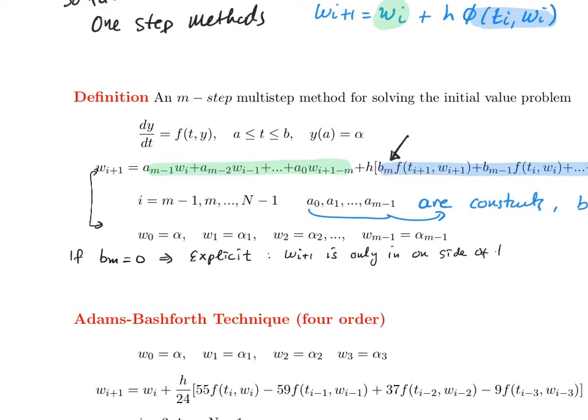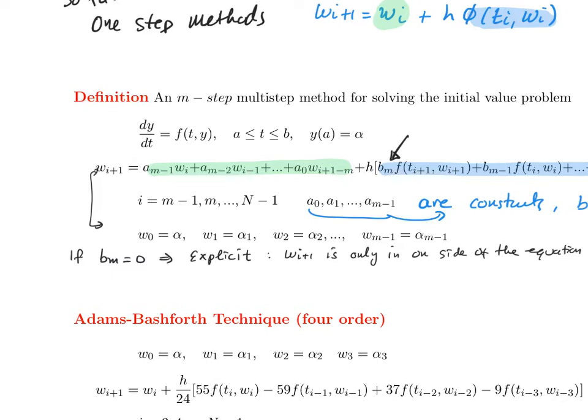Pretty much all the methods we've done so far were explicit. Because notice here you have w_{i+1} here and also w_{i+1}. So if this is equal to 0, this is gone. So therefore w_{i+1} will depend only on the previous values, just like it was the case for Euler, Runge-Kutta, and so forth.